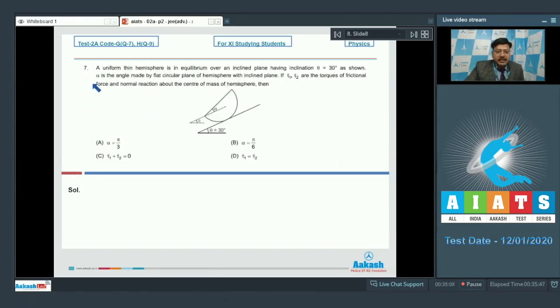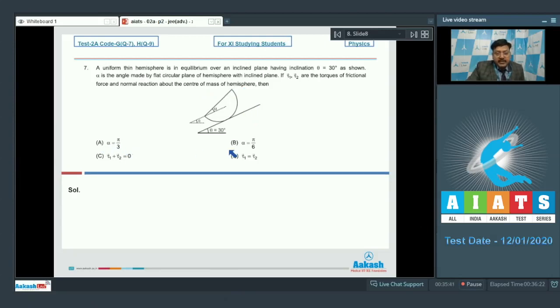Question 7 says, a uniform thin hemisphere is in equilibrium over an inclined plane having inclination theta equal to 30 degree as shown. Alpha is the angle made by flat circular plane of hemisphere with inclined plane. If vector tau 1, tau 2 are the torques of frictional force and normal reaction about the center of mass of the hemisphere, then there are the options given.